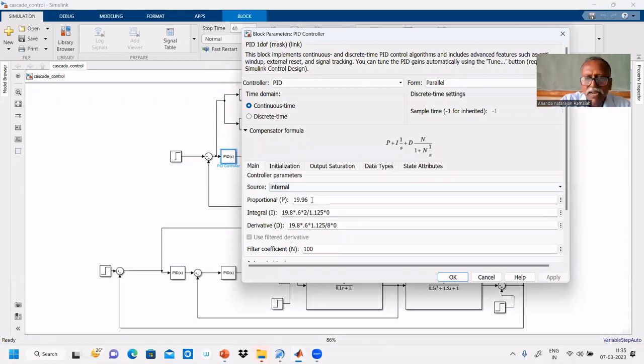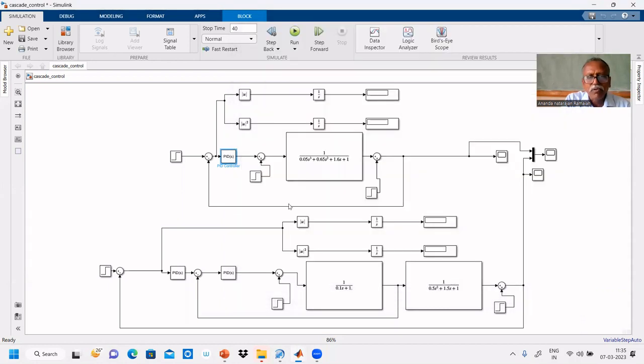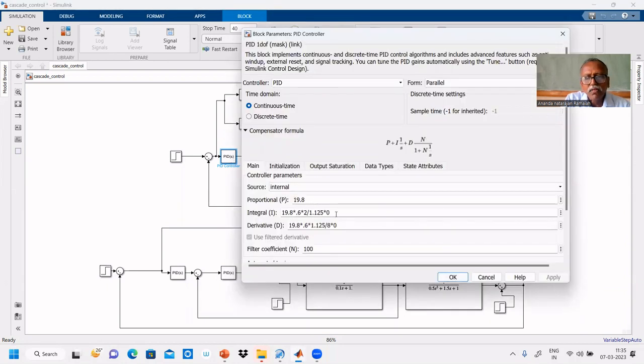The ultimate gain is 19.8. Theoretically 19.8, but if you put 19.96, it gives an unstable response. For 19.8, it gives P only. I am just implementing P only. Integral is multiplied by 0, derivative also multiplied by 0.